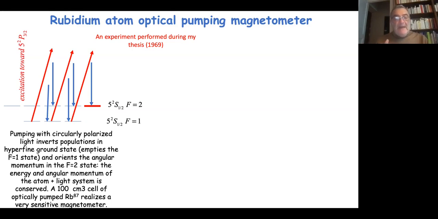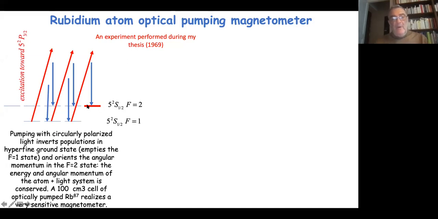Now, this spin is an electronic spin because it connects levels which have different values of F. So it's an electronic spin, because what you couple is an electronic spin 1/2 with a nuclear spin which is 3/2. So when you couple an electronic spin 1/2 with a nuclear spin 3/2, you get F equal 2 and F equal 1.